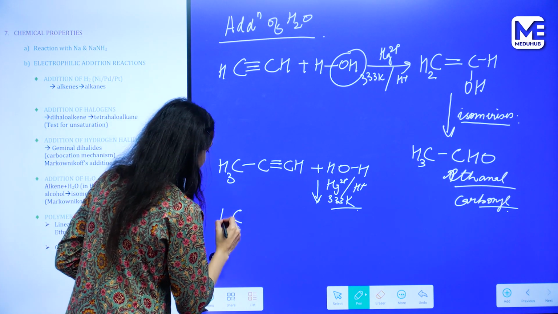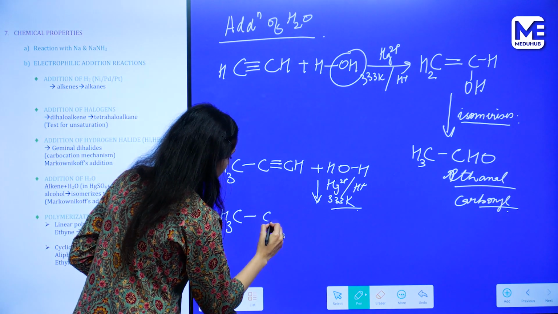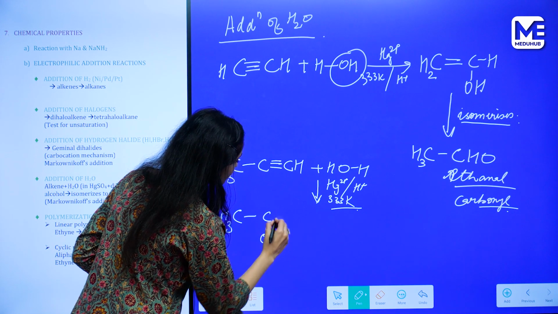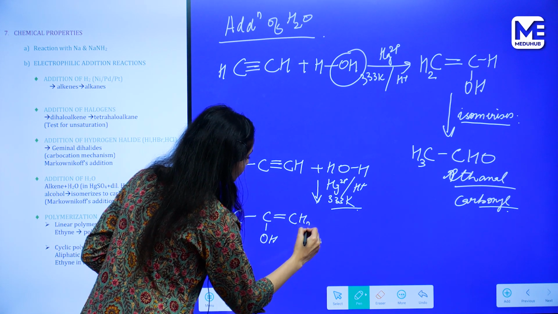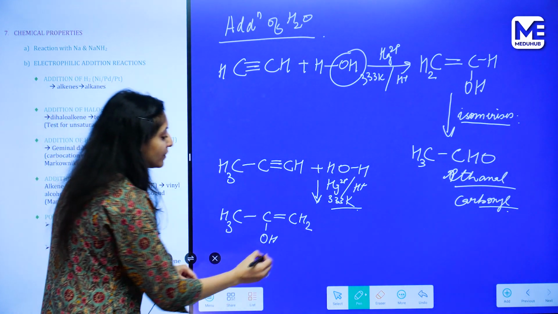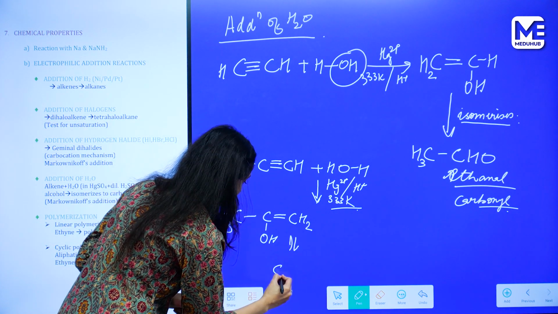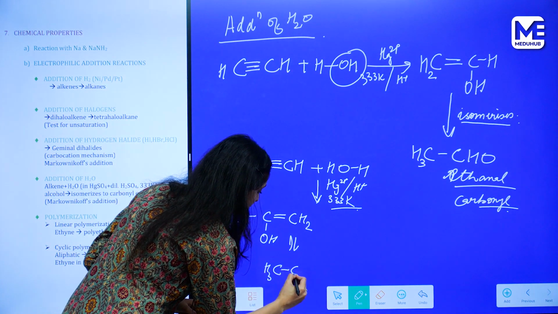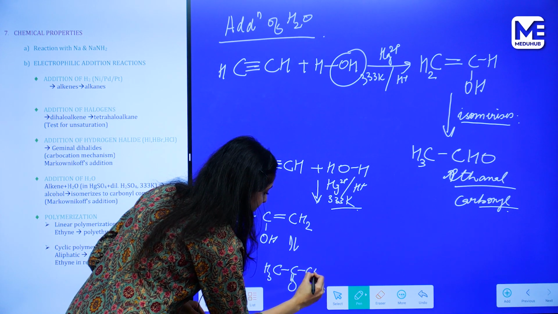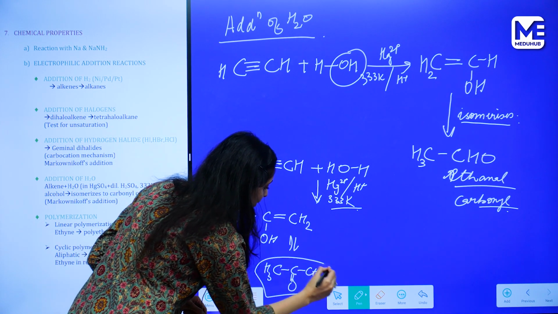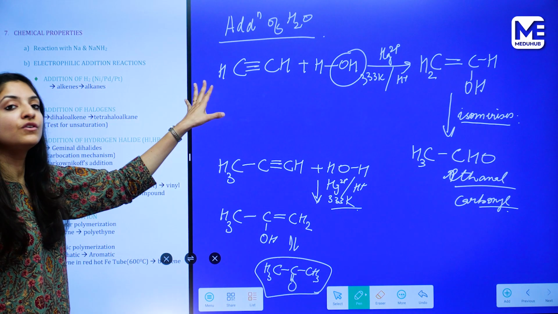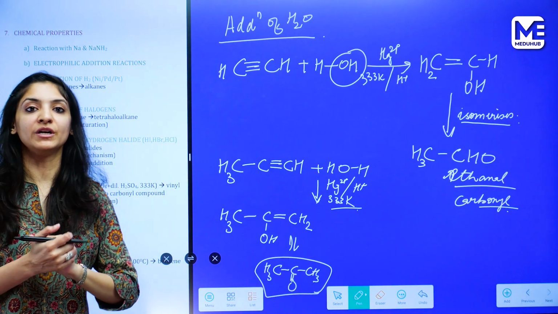So we will get H3C, C, OH double bond CH2. This is a vinylic alcohol which will isomerize to give us acetone, which is a ketone or a carbonyl compound. So addition of water results in the formation of carbonyl compounds.